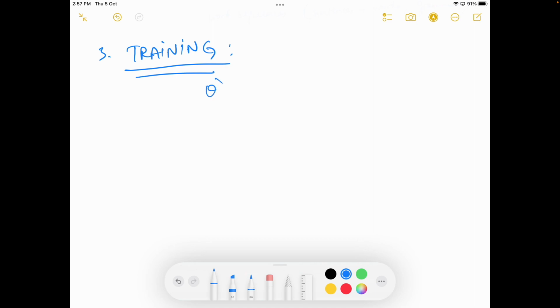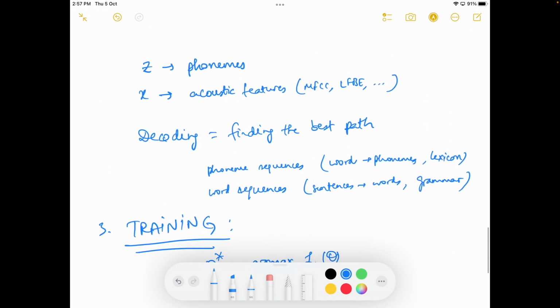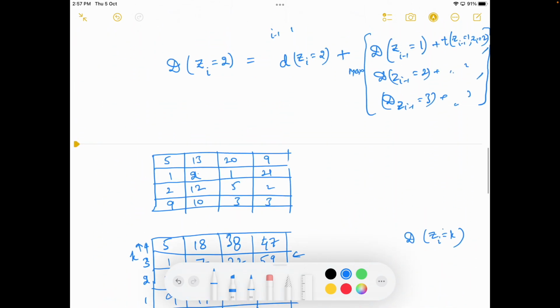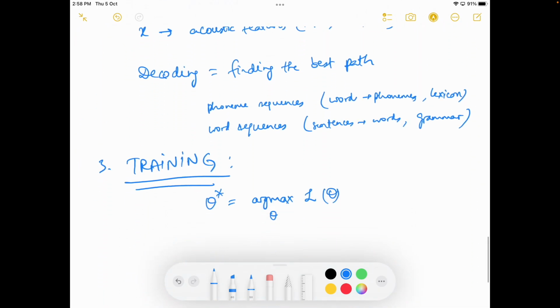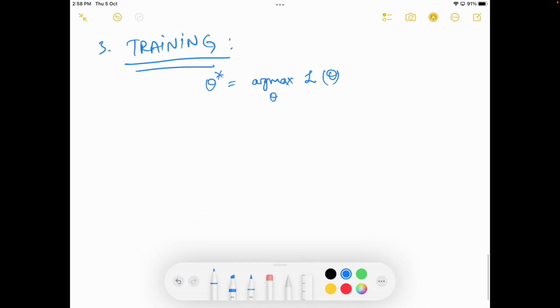Which means you have to find that theta star which maximizes some loss, some score function or objective function. We have not discussed that. What objective function can we choose here? We are estimating something, no? So we can either use the ML estimate or the MAP estimate. Which one should we choose?